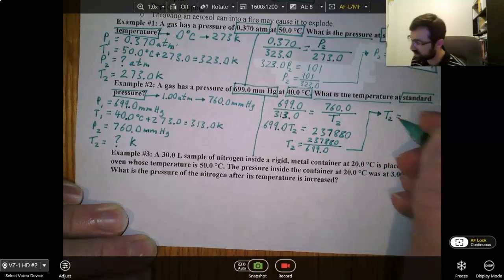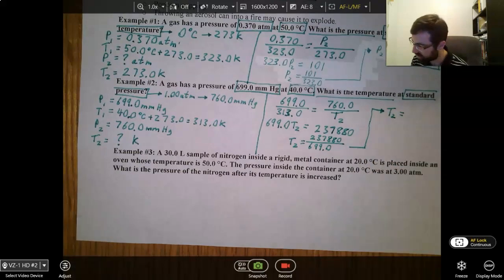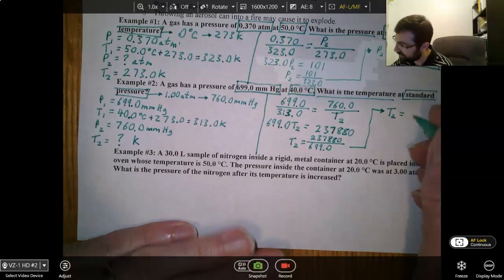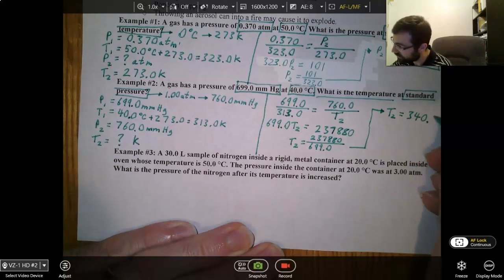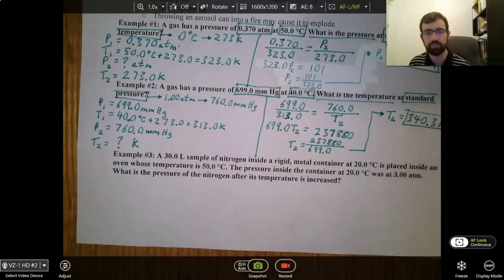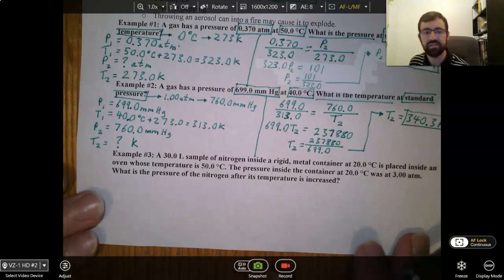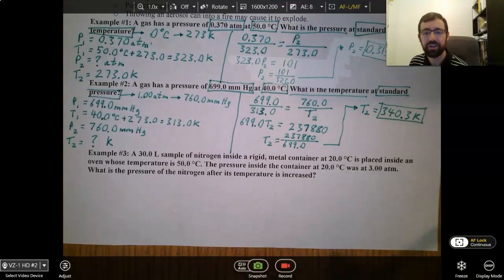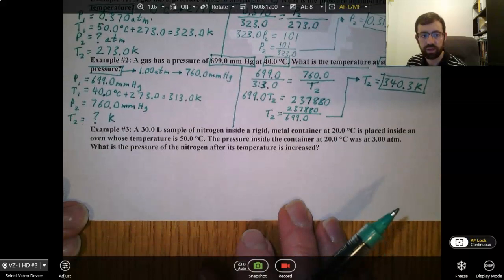T2 equals, let's do that, divide by 699.0, I get 340.3 Kelvin. That's not really where you can read it, but there we go. 340.3 Kelvin. Let's go down to example number 3.